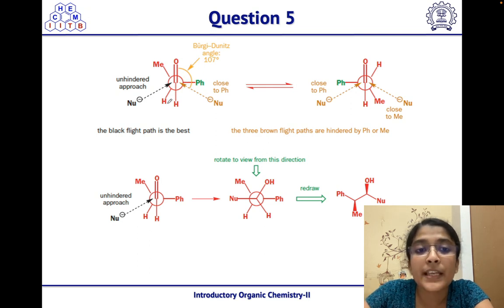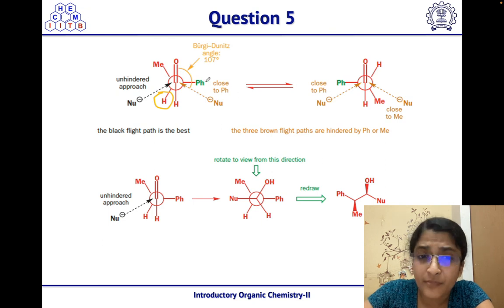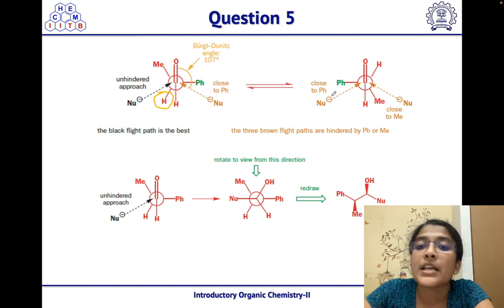And as we have seen, nucleophile can attack from both these directions. Here the black flight path is the best because it is unhindered, because of this small size hydrogen atom, and in this side attack, it is closer to the bulky phenyl group, so it is less favored. Similarly is the case with these two.